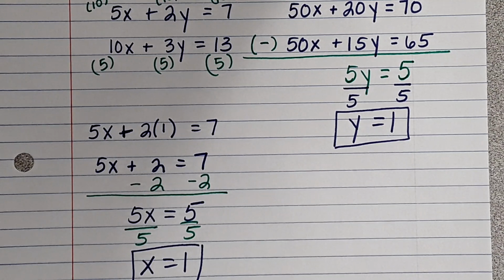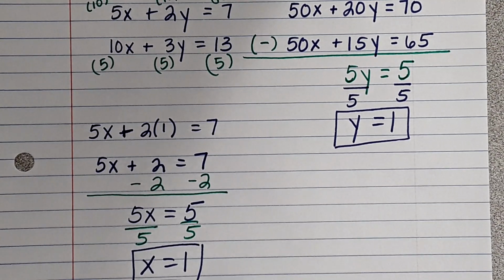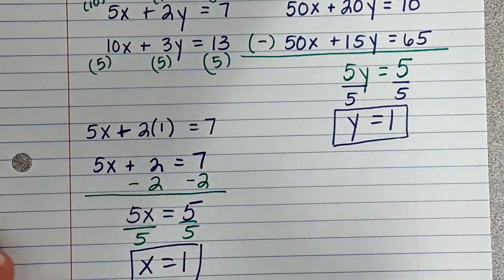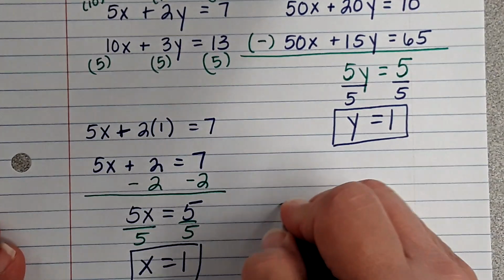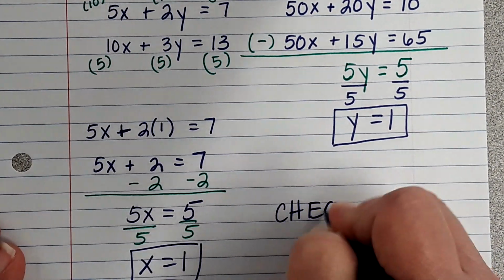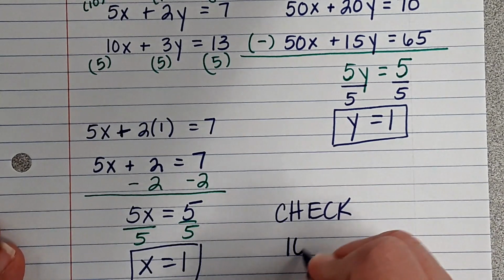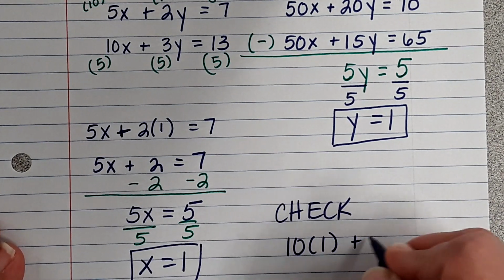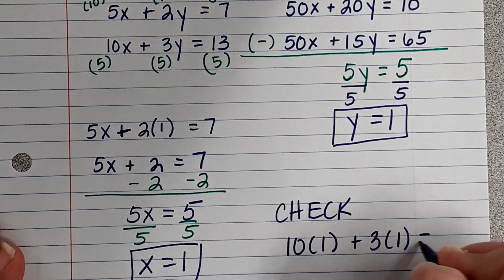Now, I do need to check it, right? So if I use the top equation, I'm going to check in the bottom equation. So check. So it's 10 times 1 plus 3 times 1 should equal 13.